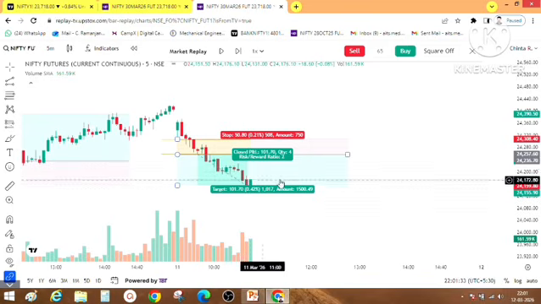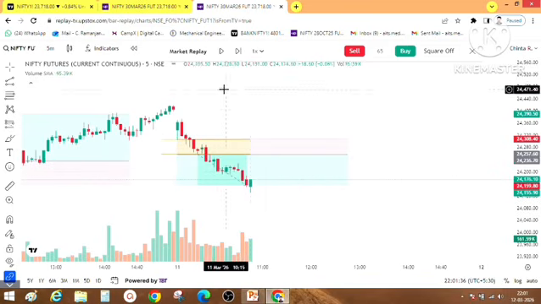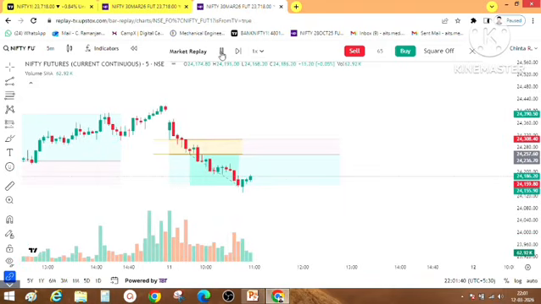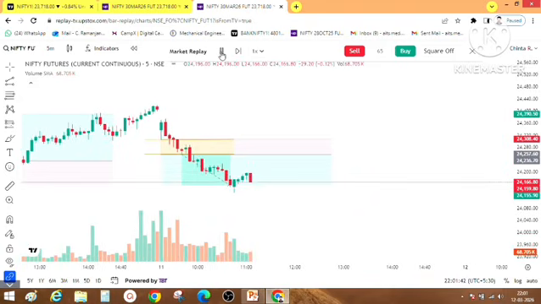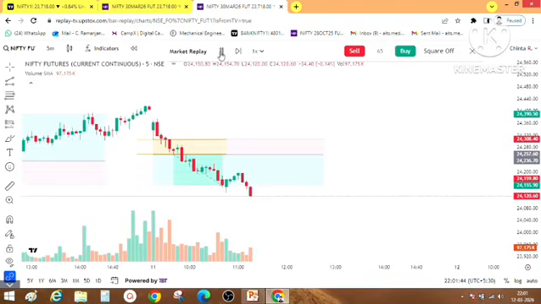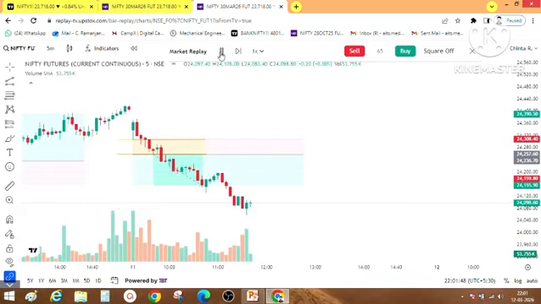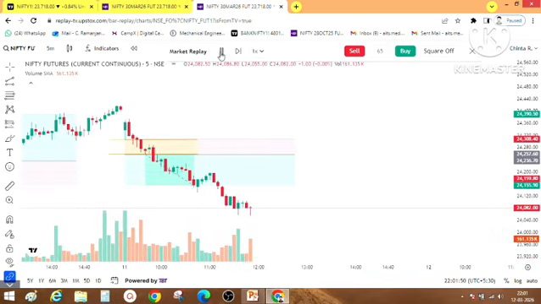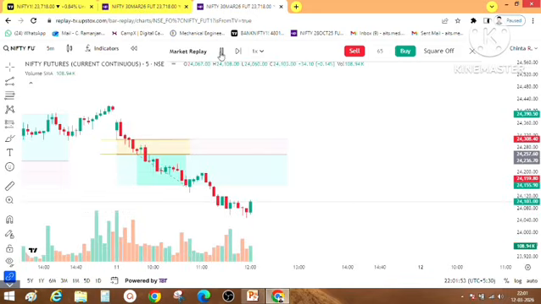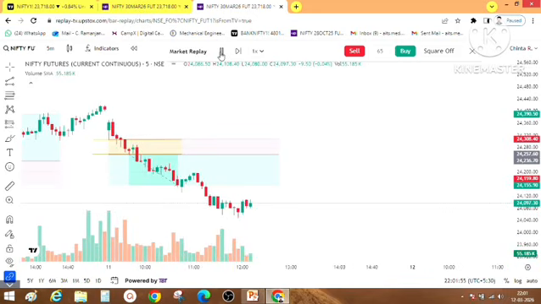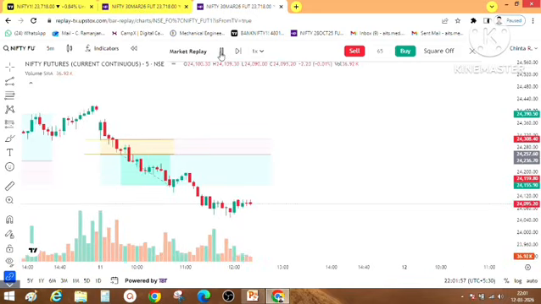One lot you need to book, and another lot you have to go on trade according to the price action, so that we can gain more and more. While trailing, you try to trail the stop loss for swing high, so that you can be safe and you will not be lost. Directly you can gain more risk reward.